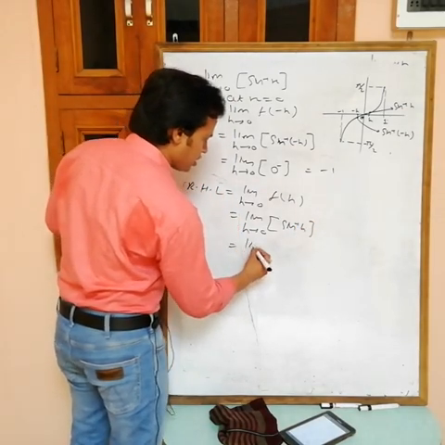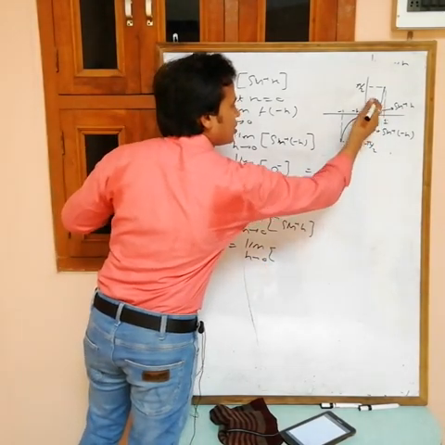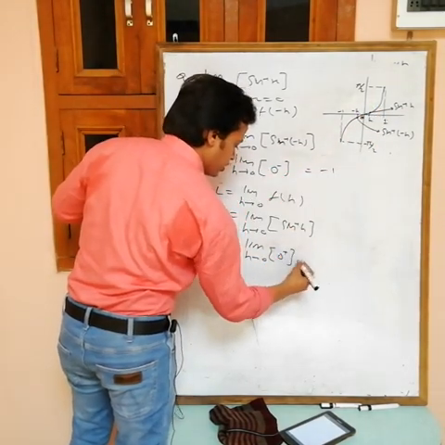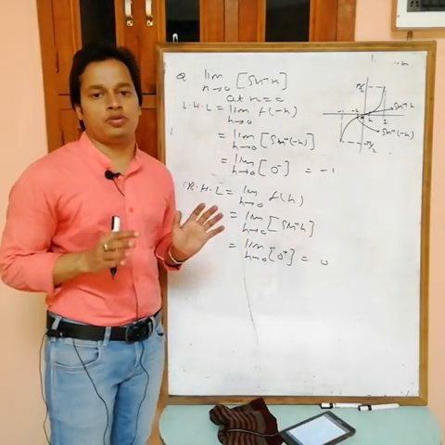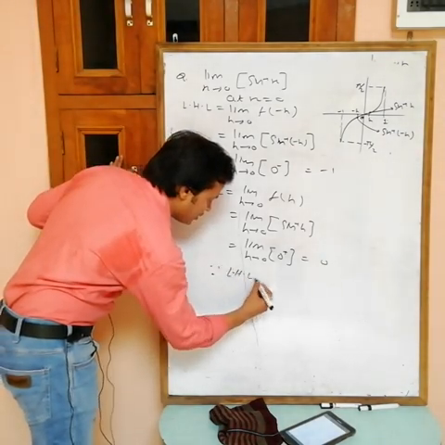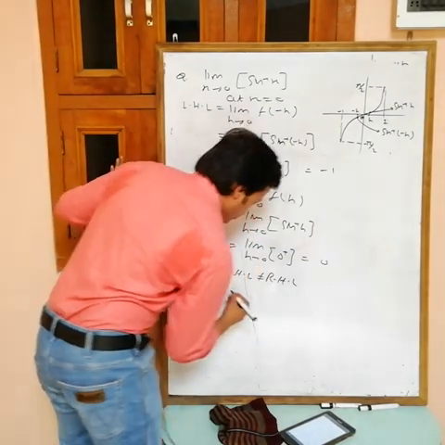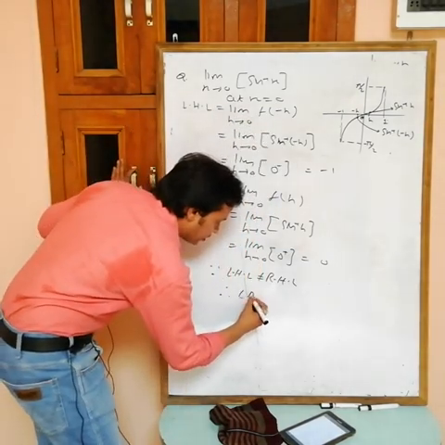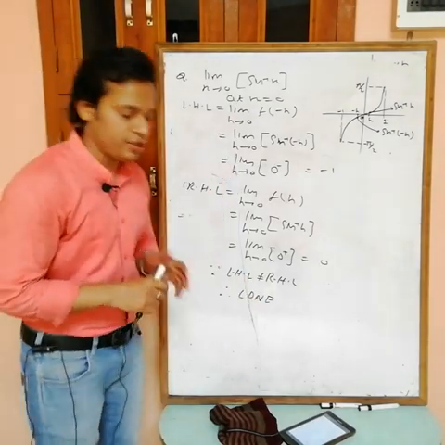Now sine inverse h is just greater than 0, 0 plus, and the greatest integer of 0 plus is 0. Now LHL is not equal to RHL, so the limit does not exist. Because LHL is not equal to RHL, therefore the limit does not exist. Okay, write down. Done.